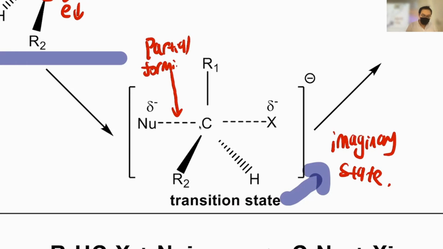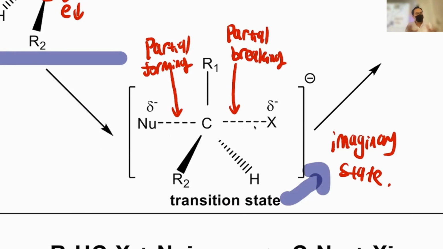You can think of the 400-meter relay race again. As a person passes the baton to the other person, it's like the process of passing the baton, and the person is ready to run away. So this is partial breaking of the bond. This is like explaining the in-between process, partial forming, partial breaking of the bond. Now, eventually what happened? Well, the C-X bond leaves.